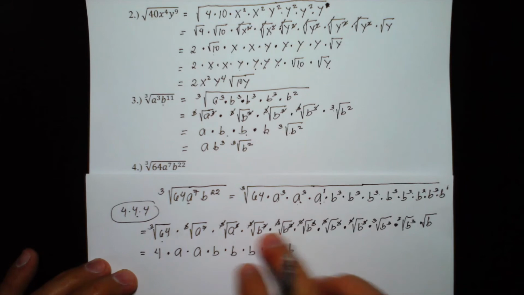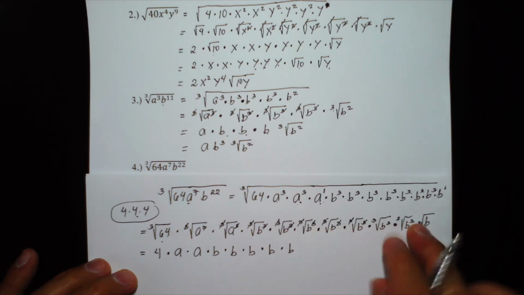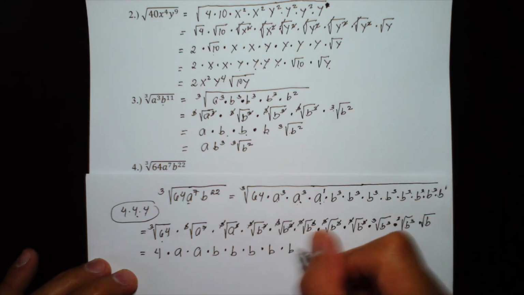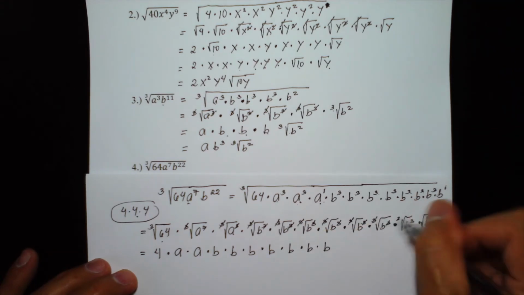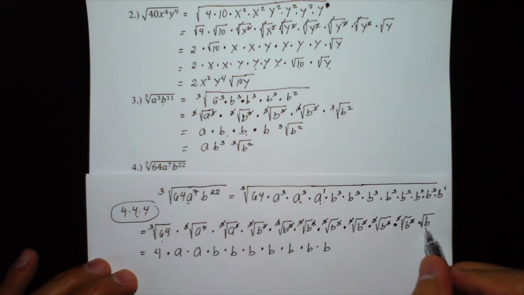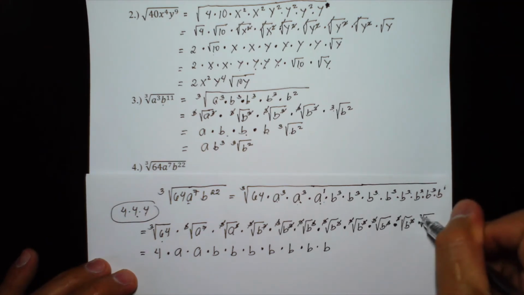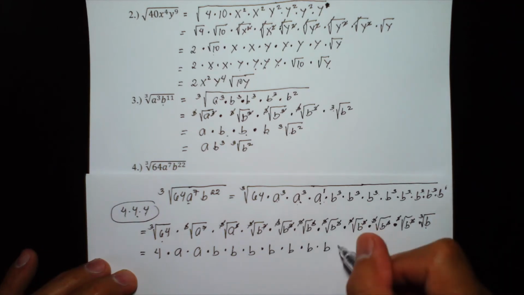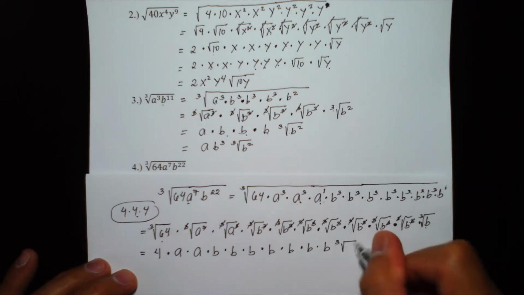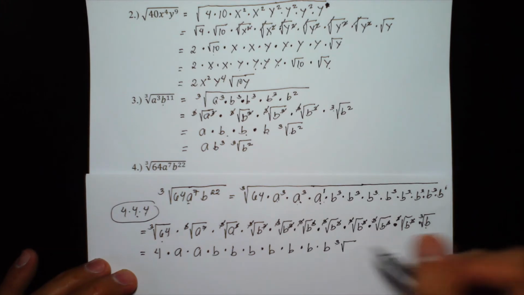Okay, 1, 2, 3, 4, 5, 6, 7. So we have another b. Since we cancelled already this one, and the cube root of b cannot be simplified with respect to cube, that still remains in the cube root. So that will be 3, cube root of b.